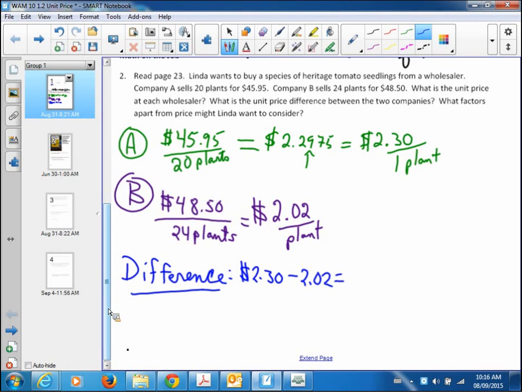Might be able to do that in your head. 30 minus 2 cents is 28 cents. So dollar sign decimal 28 is 28 cents. And you'd say it's 28 cents cheaper per plant from Company B.